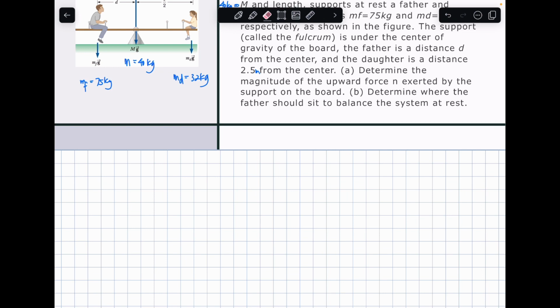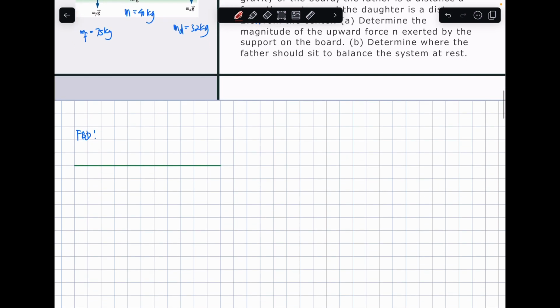For our free body diagram, we can draw a line. Let's say we have forces going downward.